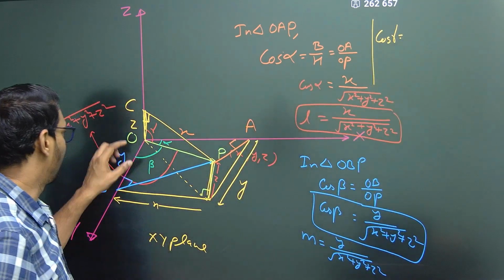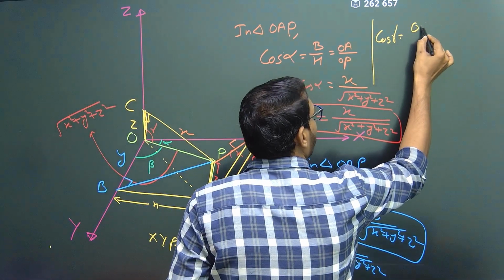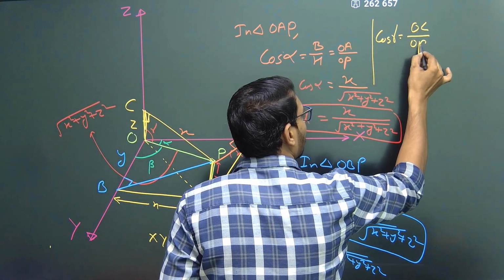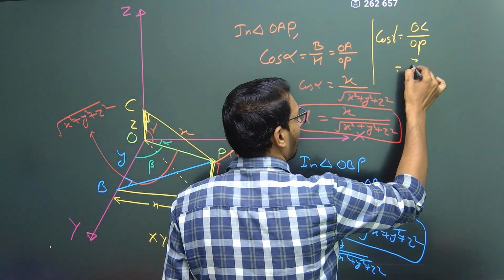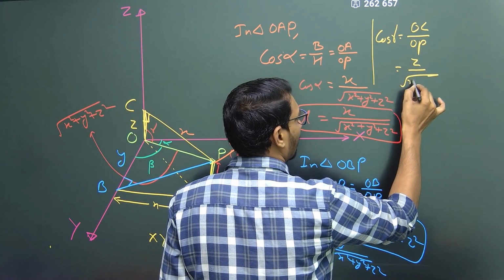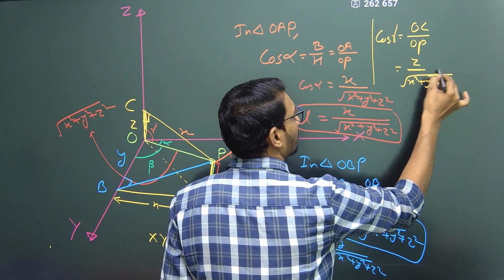Cos gamma is base upon hypotenuse. Base is nothing but OC and hypotenuse is nothing but OP. OC is equal to z and OP is equal to square root of x square plus y square plus z square.